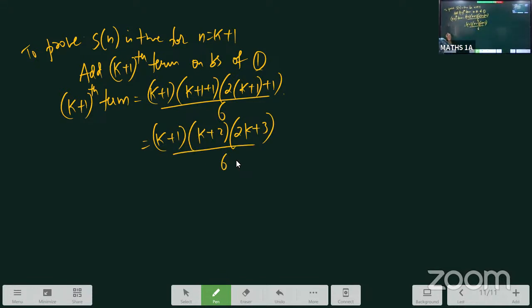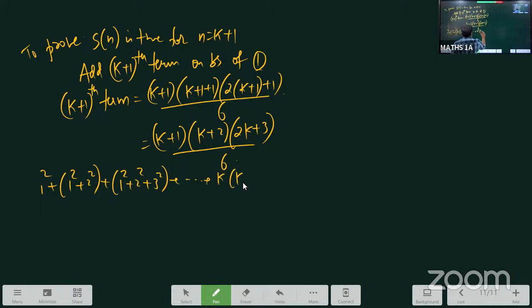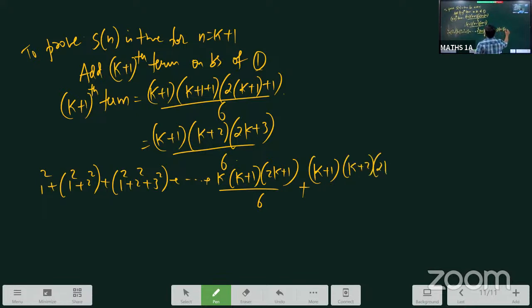Let us add: 1 square plus 2 square plus 3 square plus so on plus k into k plus 1 into 2k plus 1 by 6 plus, now add this, that is k plus 1 into k plus 2 into 2k plus 3 by 6.